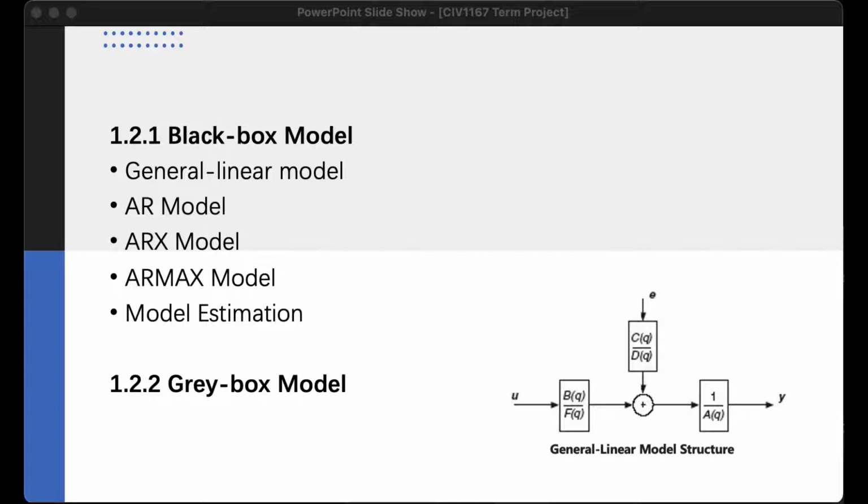Unlike the ARX model, the ARMAX model structure includes the disturbance dynamics. ARMAX models are useful when there is a dominating disturbance that enters early in the process, such as at the input.